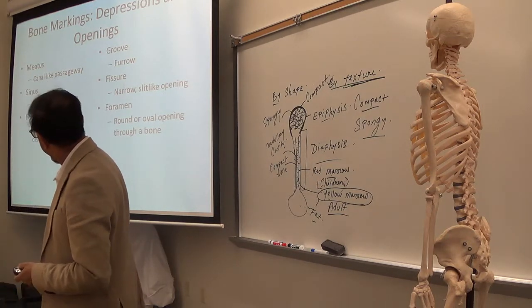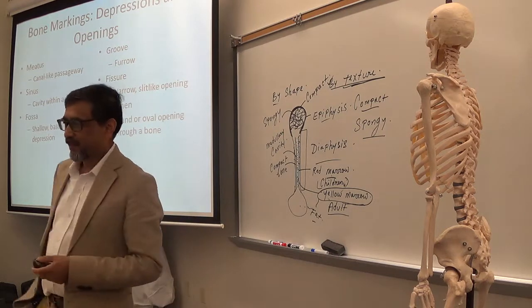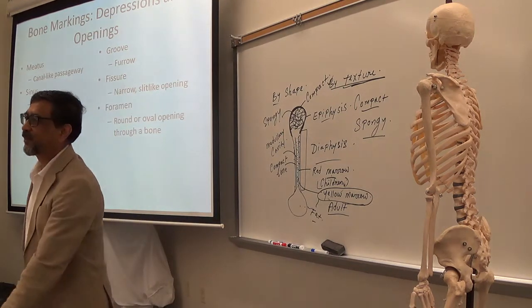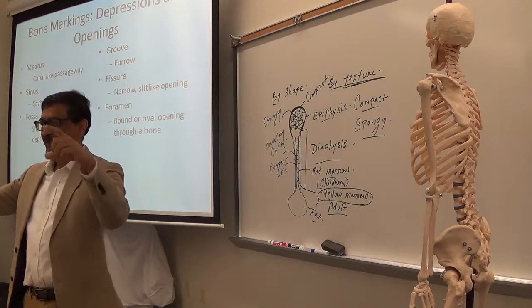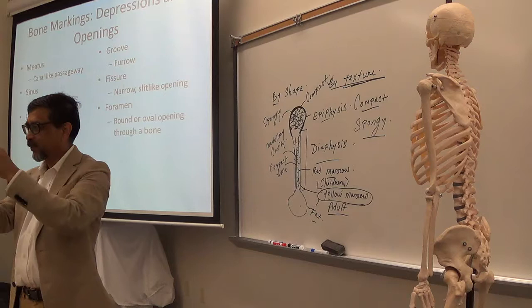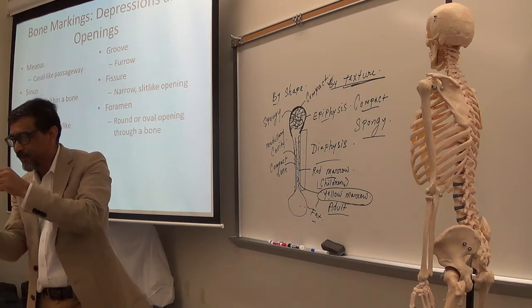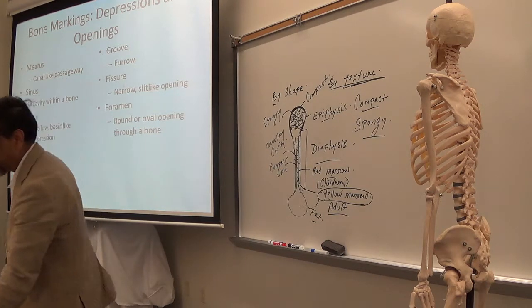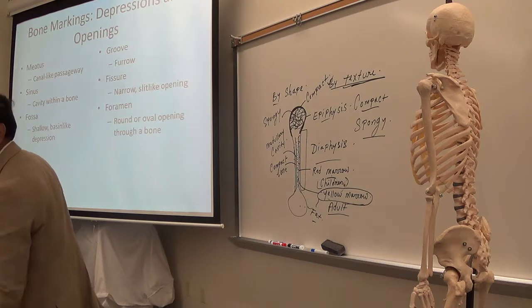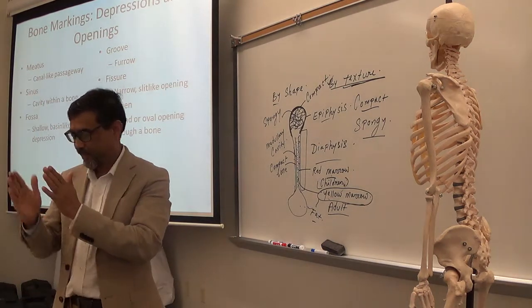Groove. I think all of you know, on wood we see a long depression like this, an elongated depression. We say groove, like this. Make sense? A long, narrow depression.